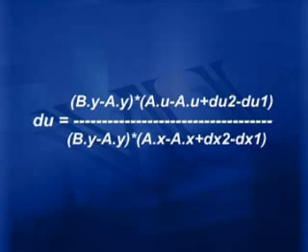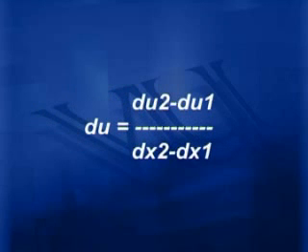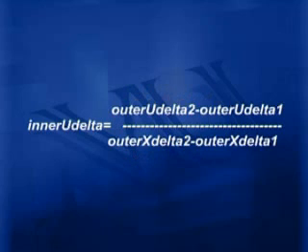So naturally you can see that a couple of terms are going to be cancelled out. a.u on top and a.x at the bottom, both will cancel out, and the simplified form that we'll get would be du is equal to du2 minus du1 over dx2 minus dx1, where inner u delta can be given as the outer u delta 2 minus outer u delta 1 divided by outer x delta 2 minus outer x delta 1.